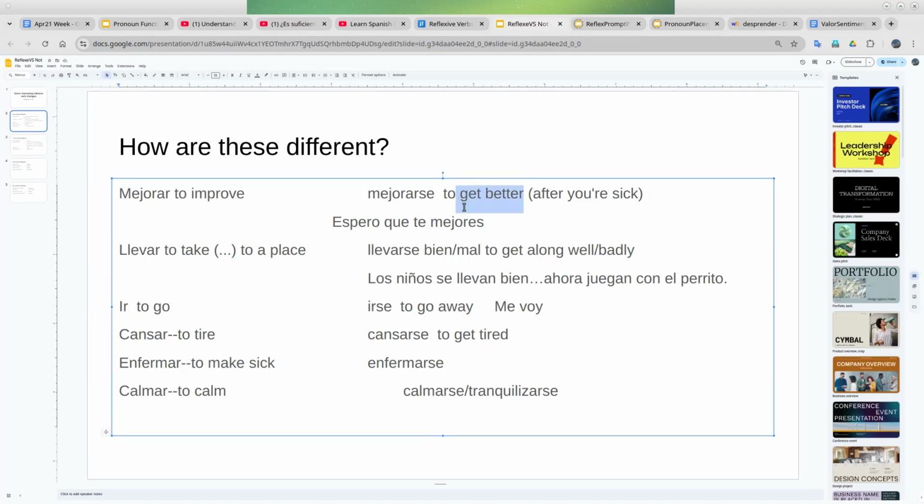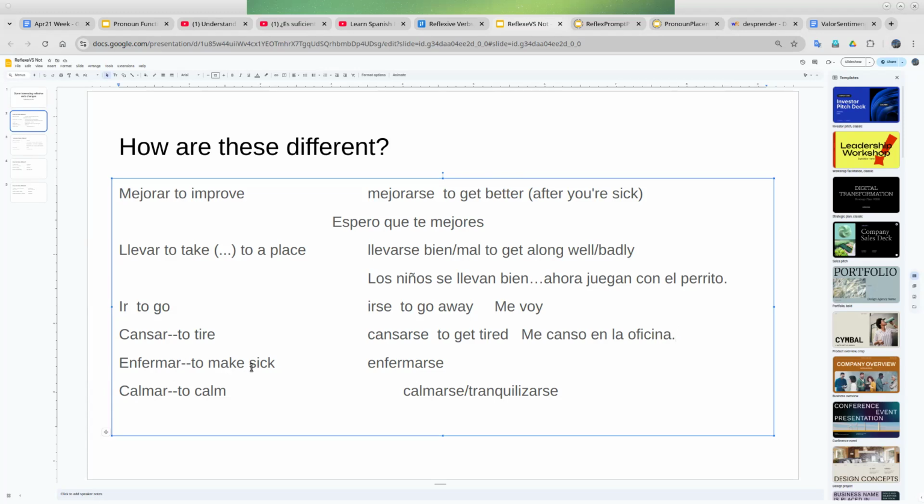English uses this word get quite a lot, right? To get tired is cansarse. Me canso. Me canso en la oficina. I get tired in the office. I get tired at work. Me canso. I get tired.